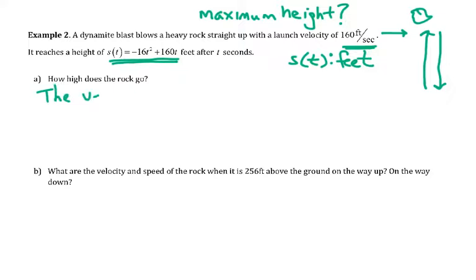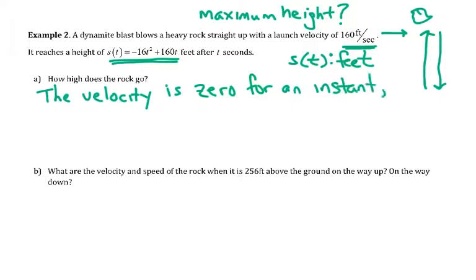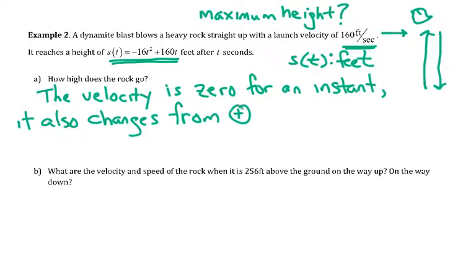The velocity is 0 for an instant. And more than that, it changes sign. What does it change from? It changes from positive to negative there.